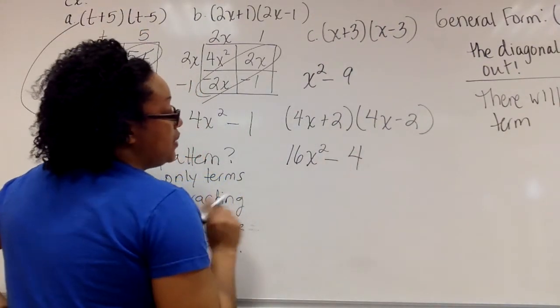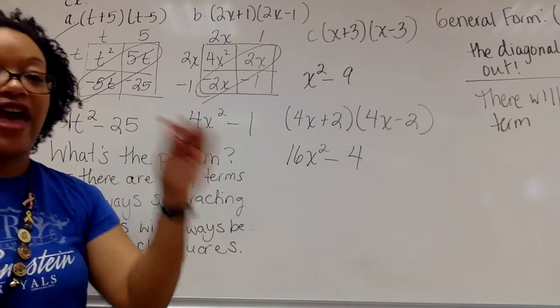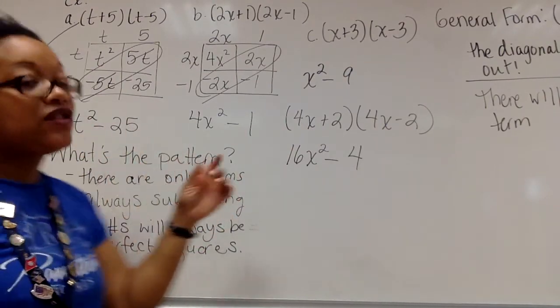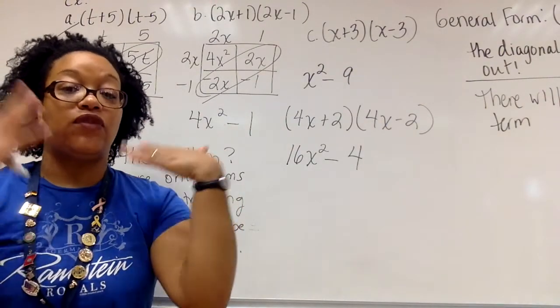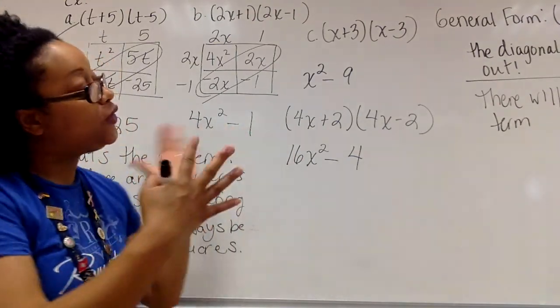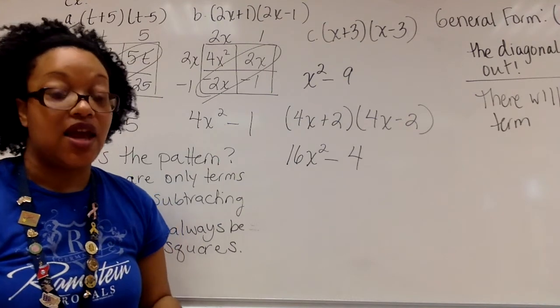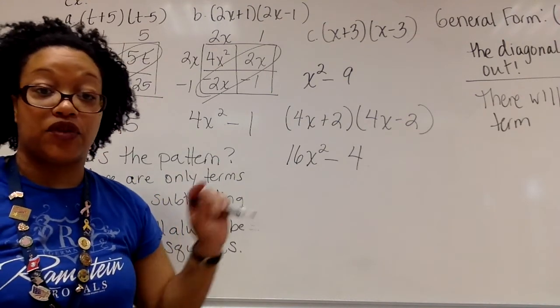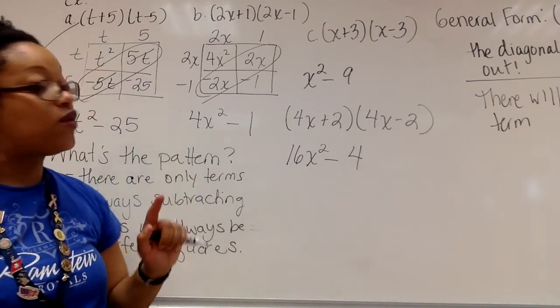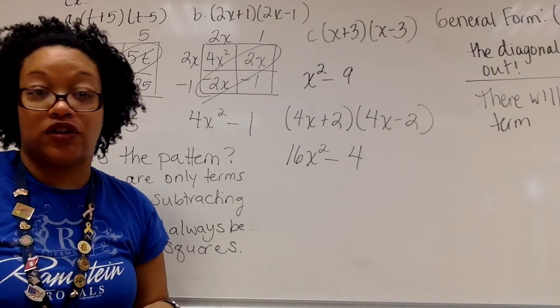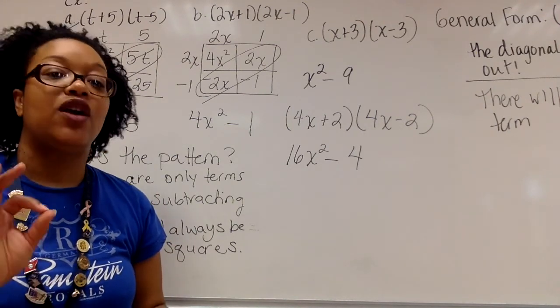Put your minus in the middle. Bam, you're done. That's the pattern. So in today's lesson, you have 2 special cases that give you 2 special products that, if you recognize the pattern, you'll be done quick. So speaking of done, hopefully it's time to start your homework. If you're in class or whatever, hopefully the homework won't be too difficult because you're just going to use your patterns. If you don't use the patterns, use the box method.